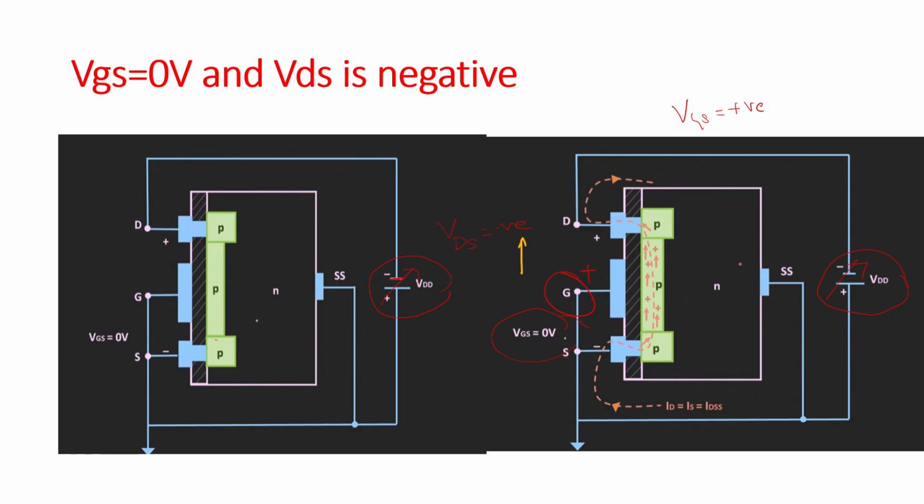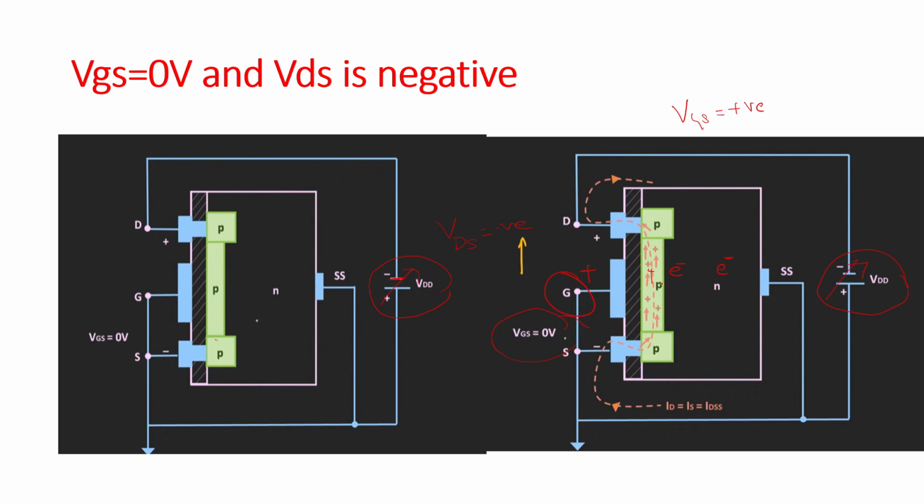When the gate voltage is positive, that will attract the majority charge carriers, electrons. So the electrons will move towards this junction, this channel. The holes will be repelled, isn't it? So the holes and electrons recombination takes place.